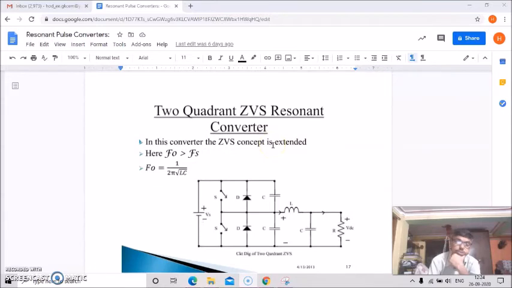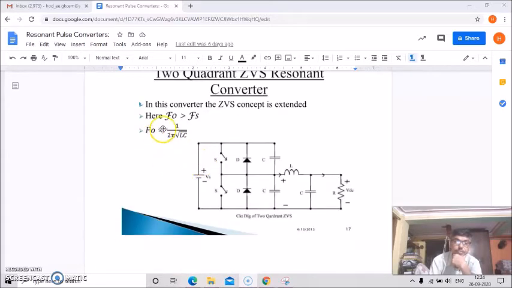So now we'll talk about 2 quadrant ZVS resonant converters. In these converters, the ZVS concept is extended. F0 is greater than the output frequency, which is greater than Fs.